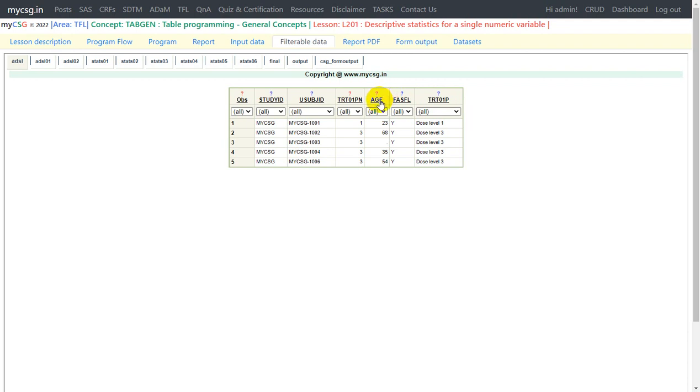So the analysis variable is age, and the grouping variable is either of TRT01PN and TRT01P because these are one-to-one relationship variables. We were supposed to create this report based on a subset of subjects belonging to the full analysis set, so we have that variable called FASFL. All of the subjects have FASFL equal to Y populated, which is equivalent to all the rows being used for our report.